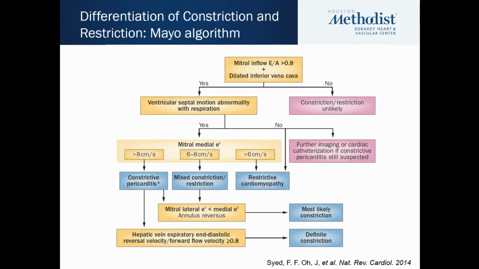For those, you have to look at the SVC Doppler parameter, which I don't want to get into now in the interest of time. If you have an abnormal E prime, you've defined the patient as likely having an underlying myocardial disease as opposed to a pure constriction.